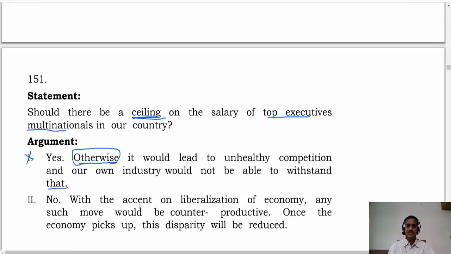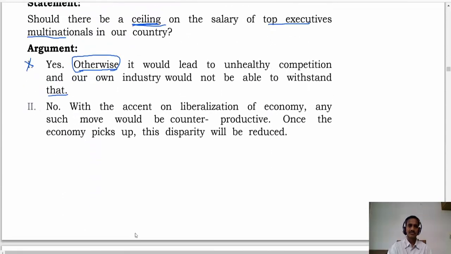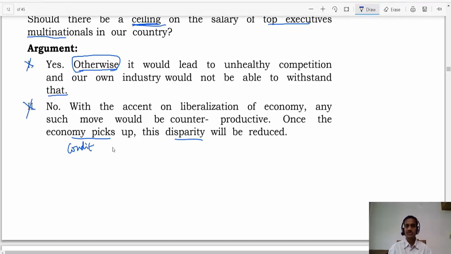Next one: with the accent on liberalization of economy, any such move would be counterproductive. Once the economy picks up, this disparity would be reduced. It is based on a condition. As it is based on a condition, condition-based arguments cannot be strong arguments.